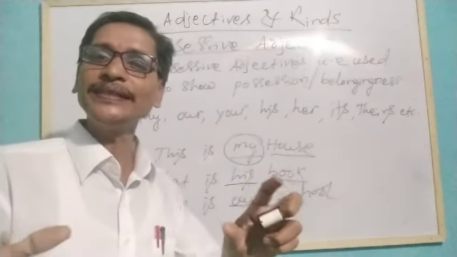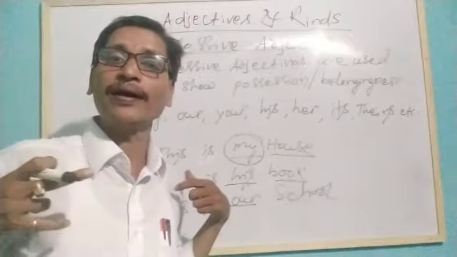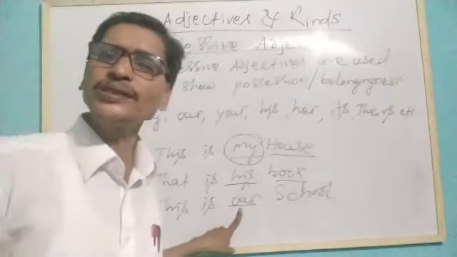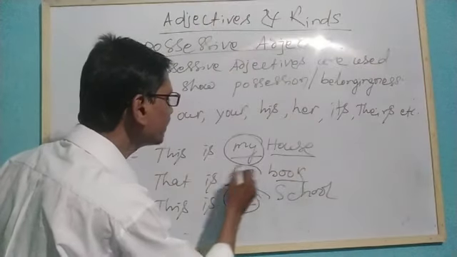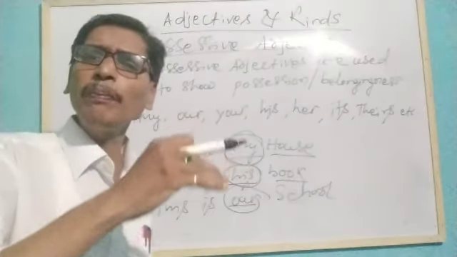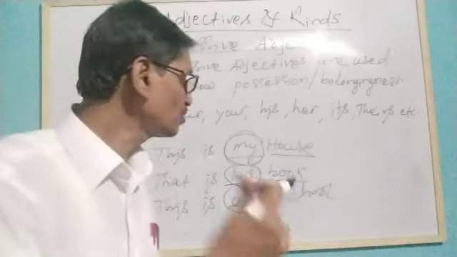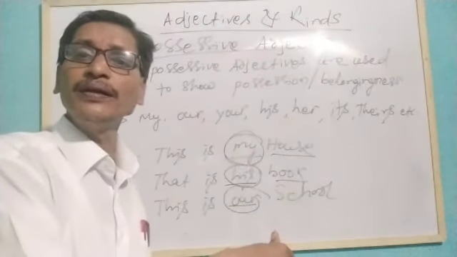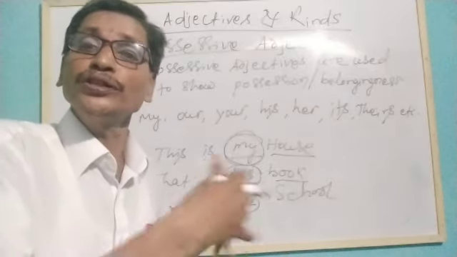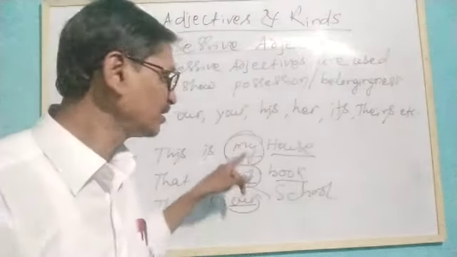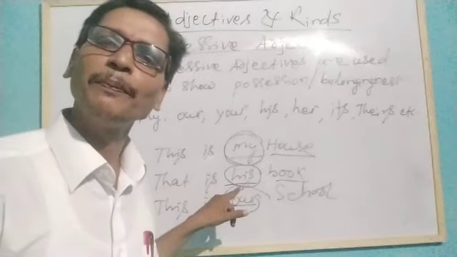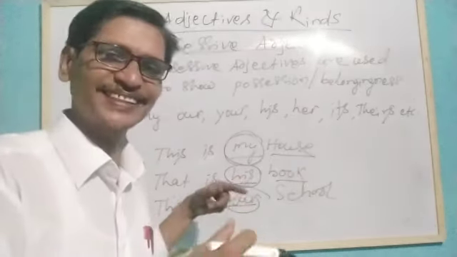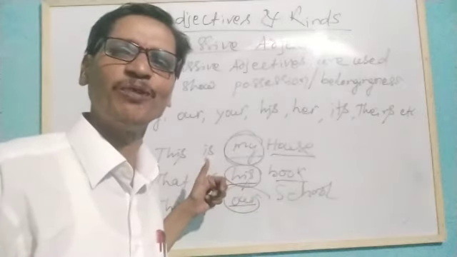That means this school belongs to us. So here our, his and my are talking about possession. Therefore they have been used before the noun, functioning as adjectives, and they are called possessive adjectives. Understood? Okay. Let's discuss the next kind of adjective.